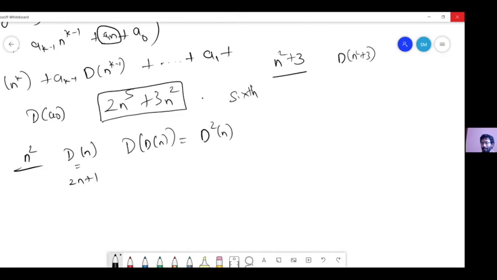If I take 2n power 5 plus 3n square, and then if I take 2n power 5, from which stage will they start converging? Sixth power.